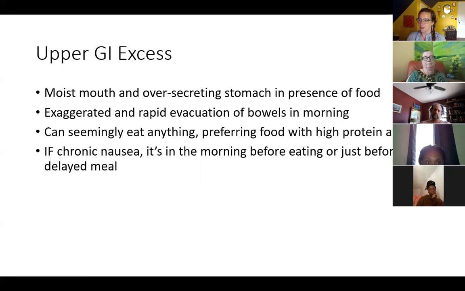If there's nausea involved, sometimes that's in the morning before eating because their body wants food. The stomach wants to digest all the time. Or it's before a delayed meal, when they haven't eaten for a long part of the day and they really need the food because they have so much digestion and fire happening in the stomach that they need more and they start to get nauseated.